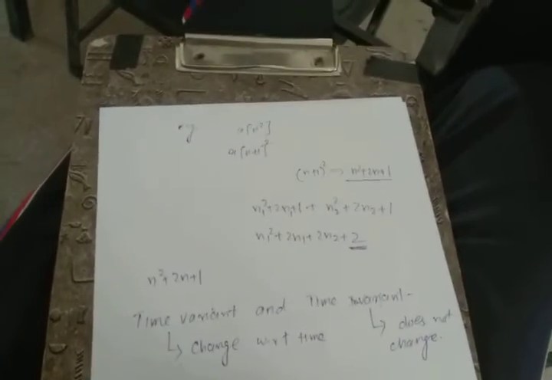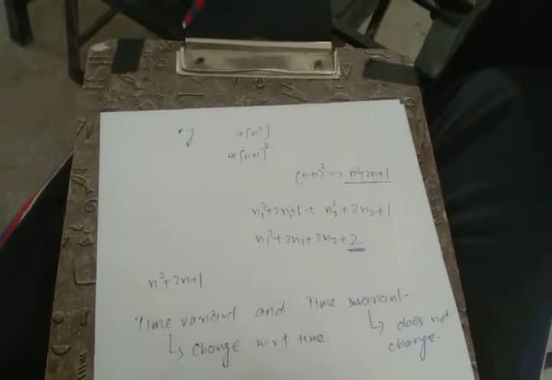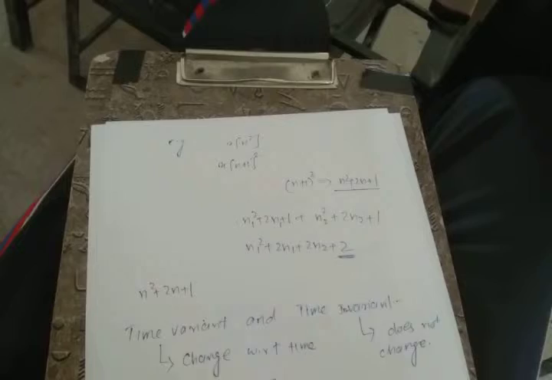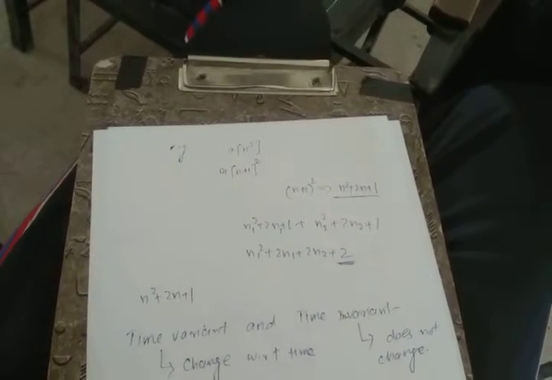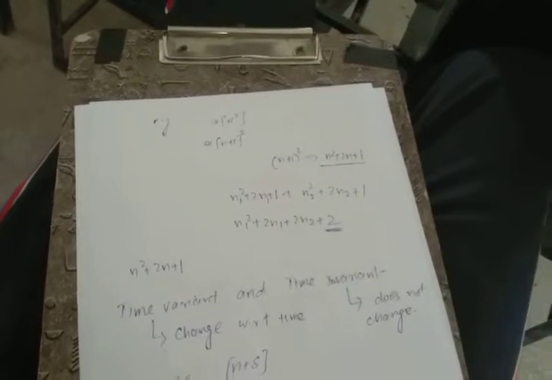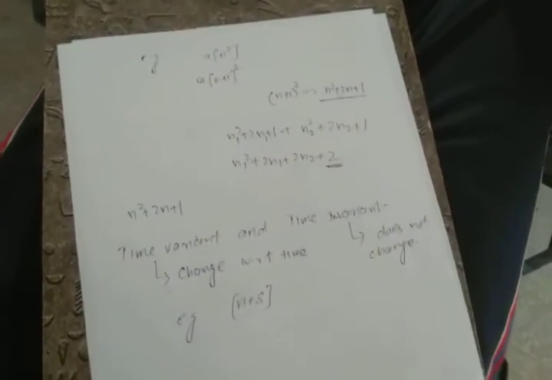For example, if we have any system, then we put x of n plus n0. We can put this value in the system and check whether our system is a time variant system or a time invariant system.